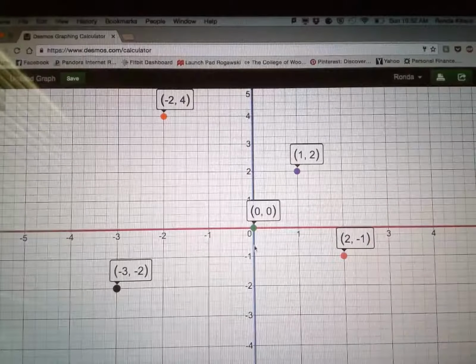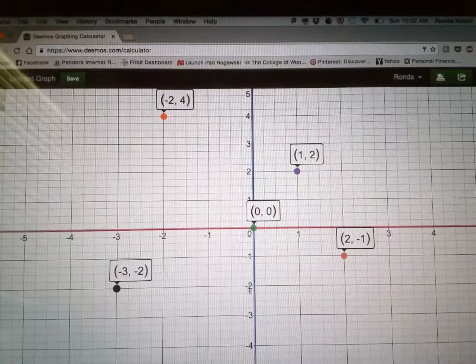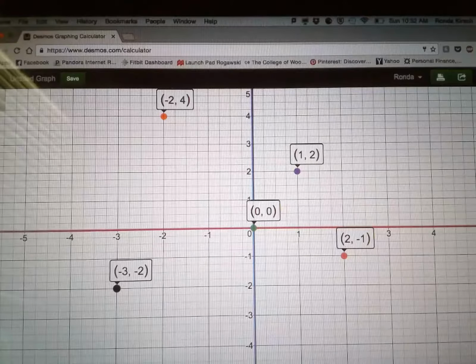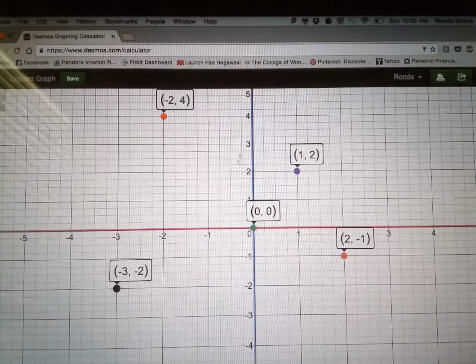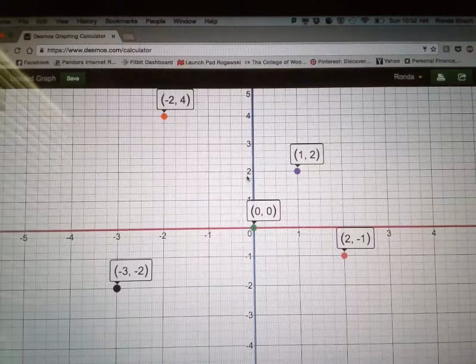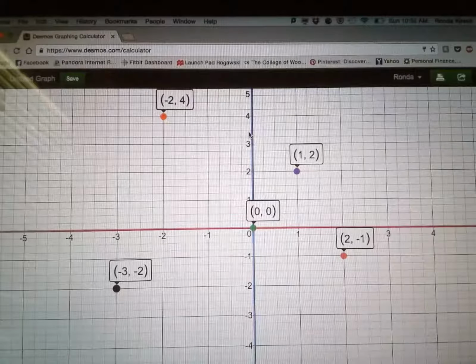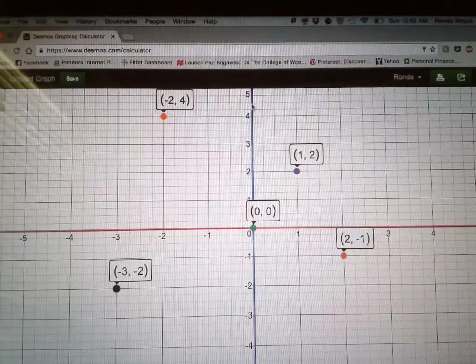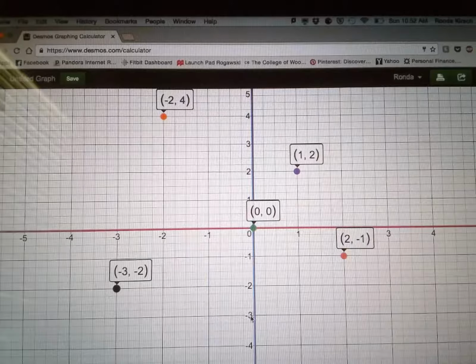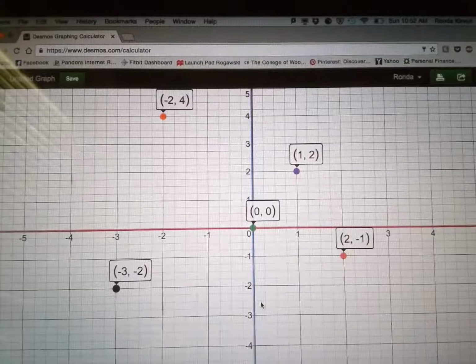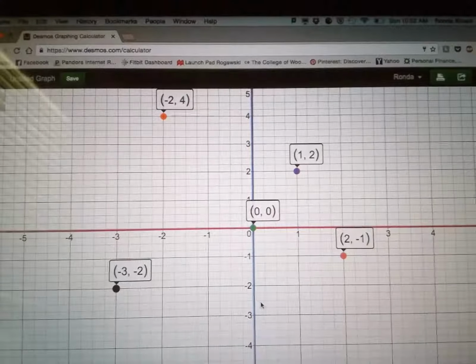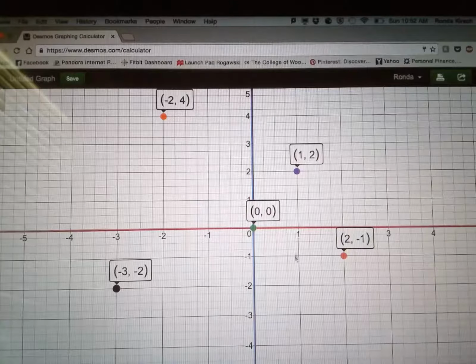So let's talk about the y-coordinates for a second. The y-axis is the vertical blue line here. When we're dealing with y, above the x-axis is considered the positive direction, and when we go below the x-axis, we have negative y values.